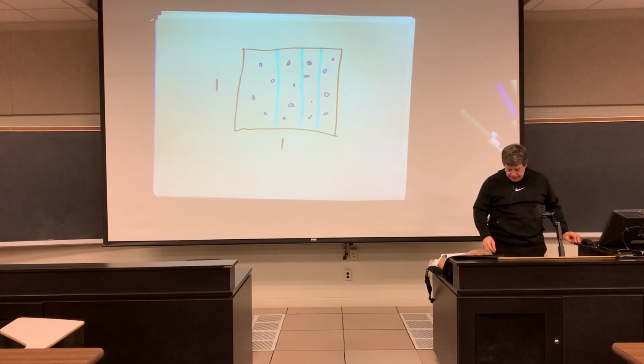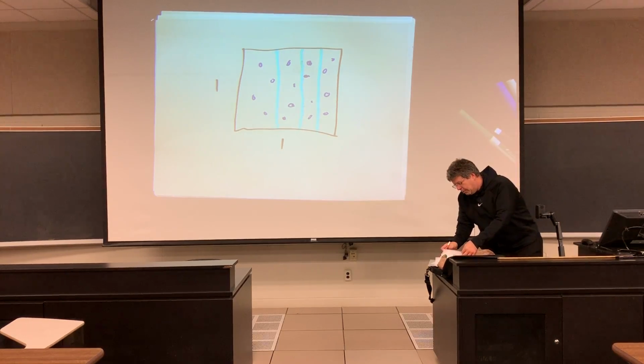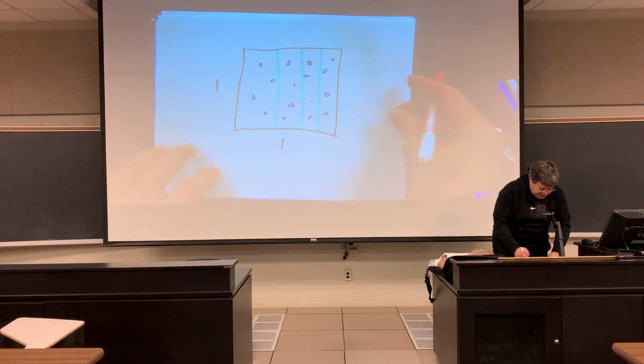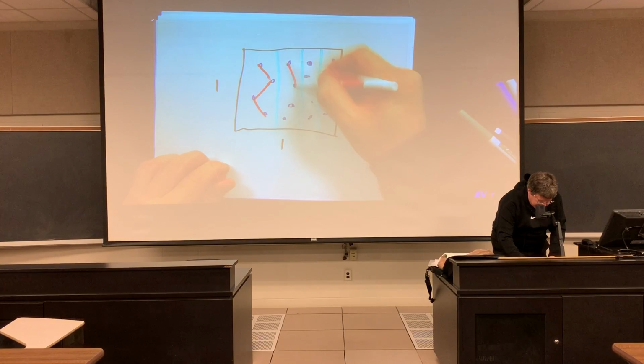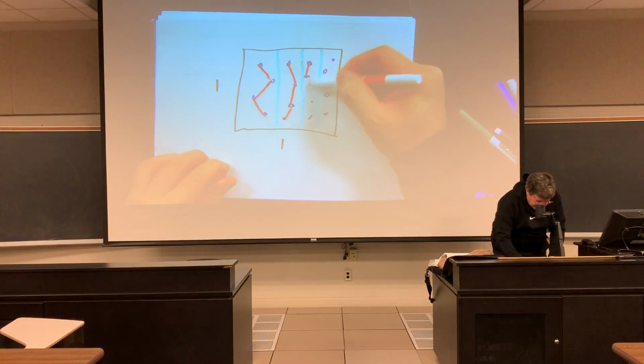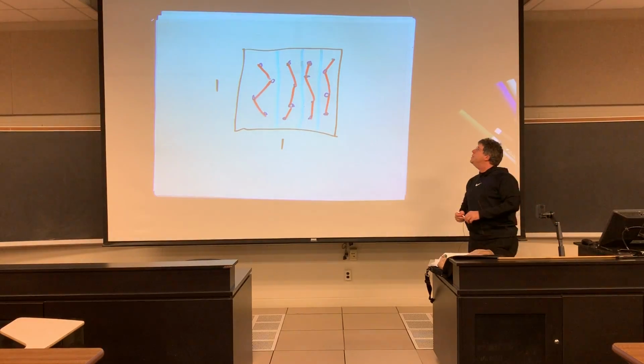Now we're going to span them top to bottom in a zigzag way. So we're going to span them like this in each strip, just top to bottom by order of the y coordinates of these points.